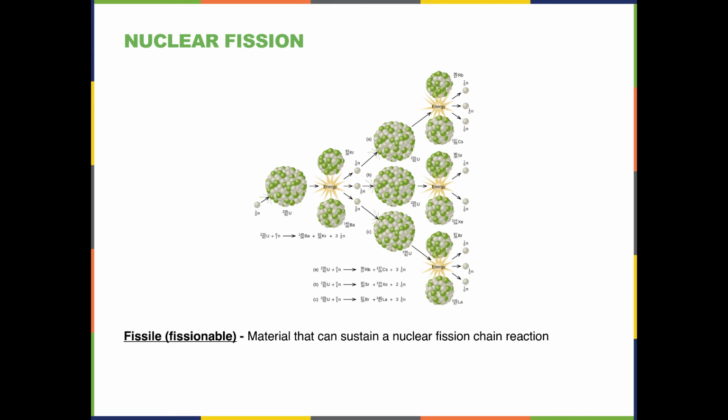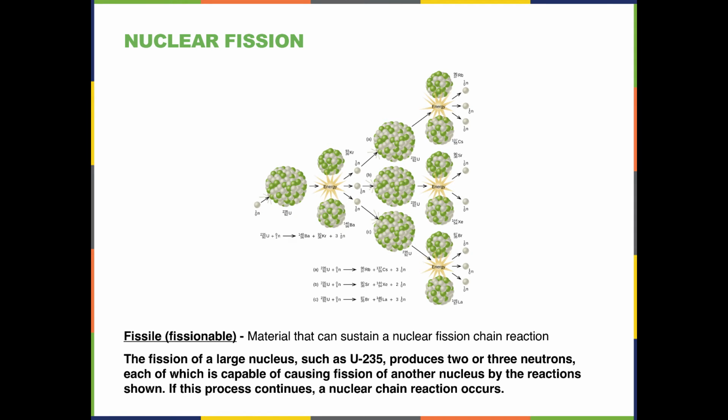A material that is able to allow for this chain reaction to occur is called fissile material. So the fission of one large nucleus produces 2 to 3 neutrons, each of which can go on to cause the fission of another large nucleus, and this continues on in what's known as a chain reaction.